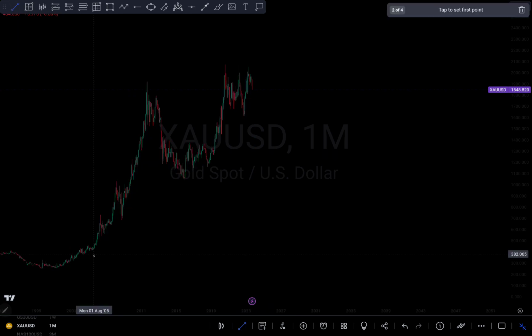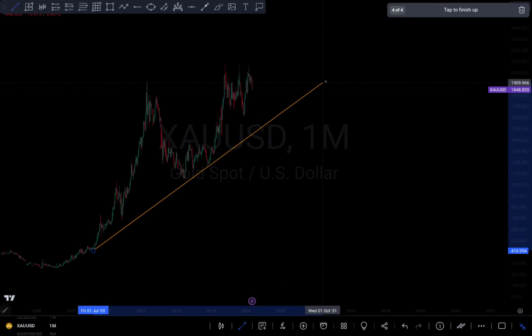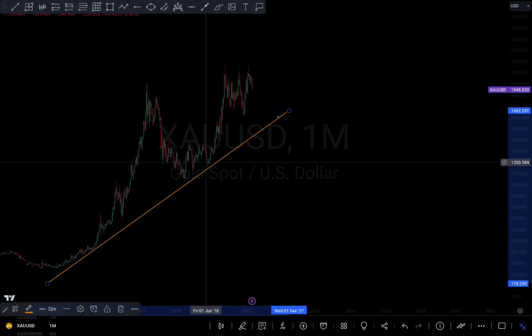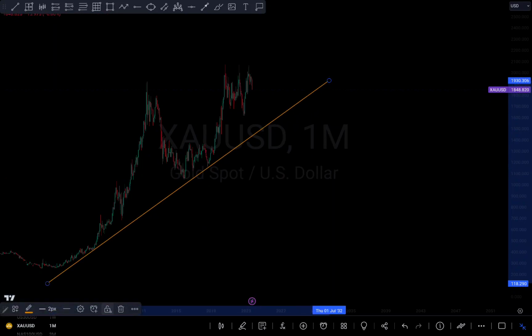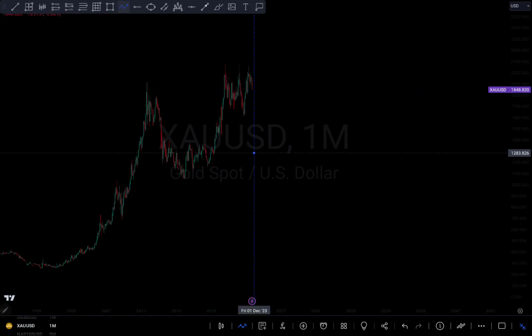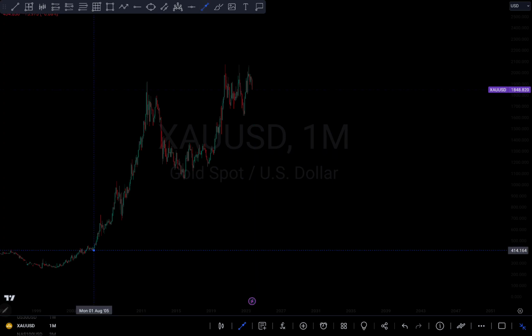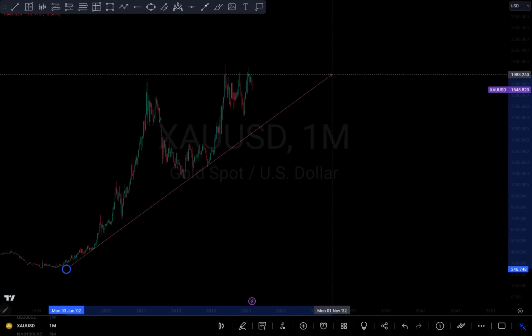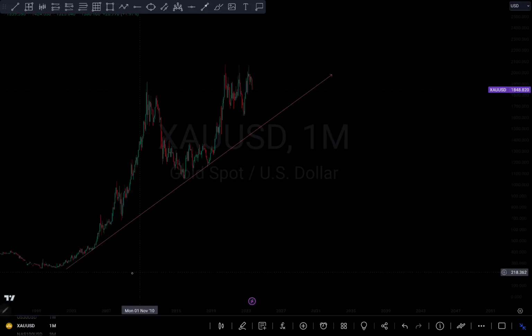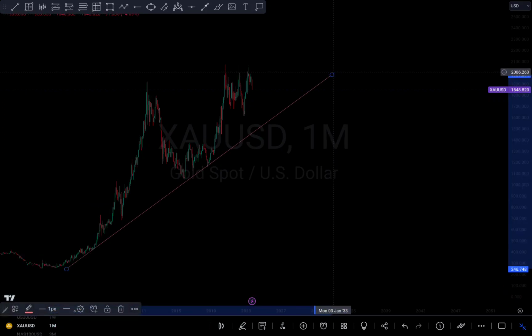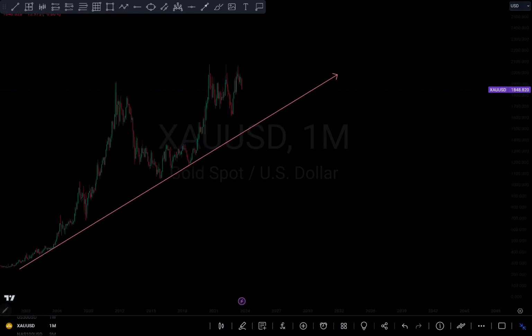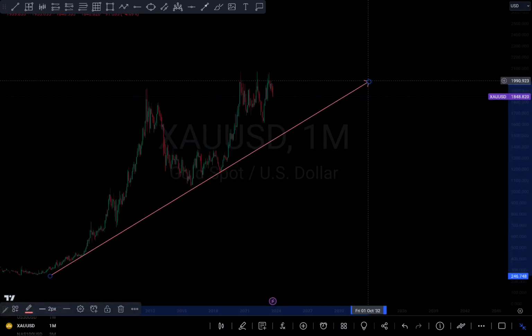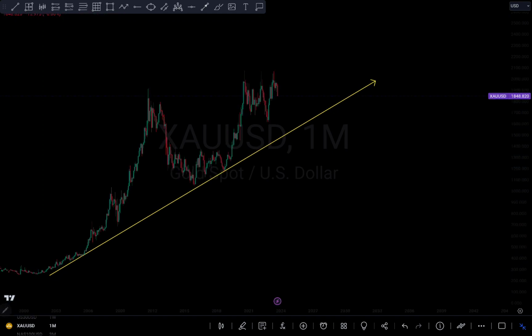So now let's go back to one point to the other point here. Let me use an arrow just to make it a little bit easier. The arrow shows we are going to the upside right here.